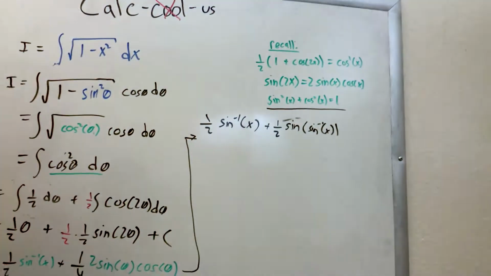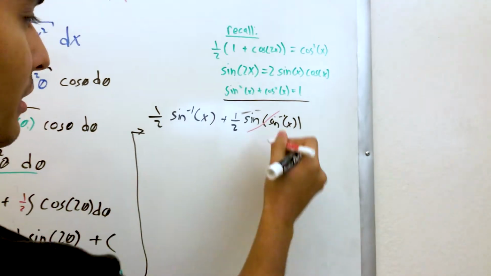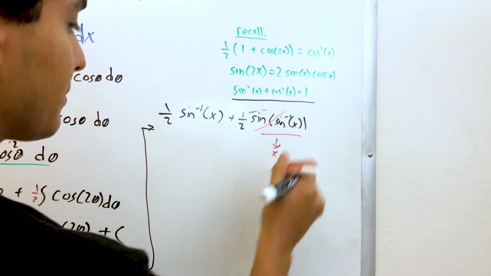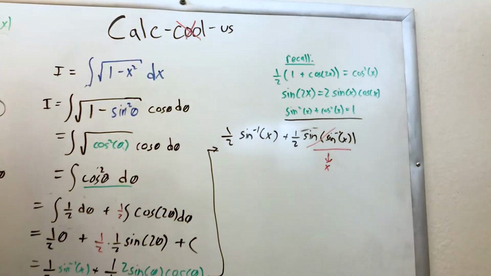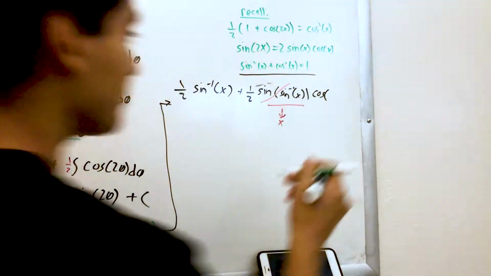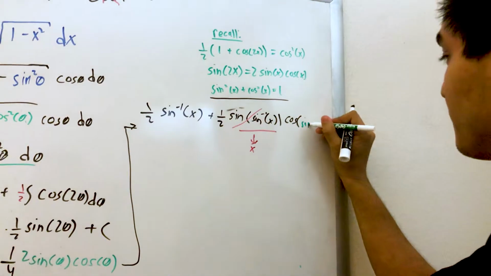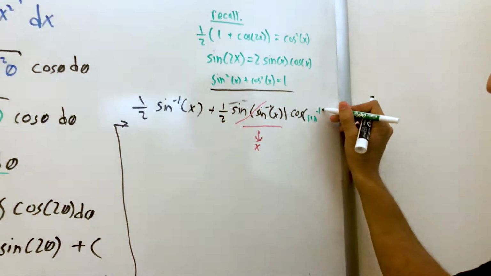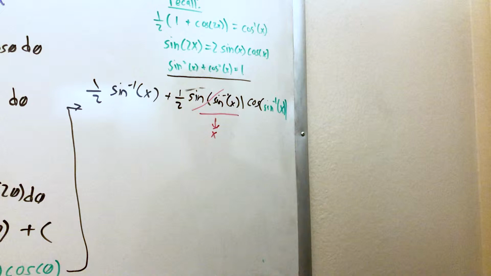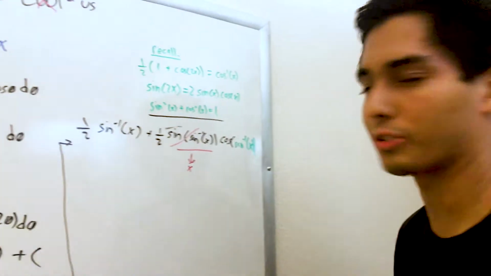So I automatically know that these are going to cancel out to give me just x. But the question is, what is cosine of theta? Cosine of sine inverse of x? So again, what is up with these inverse trig functions inside of another trig function?